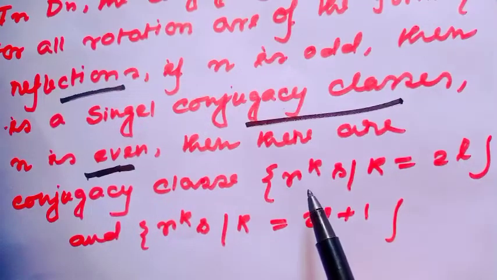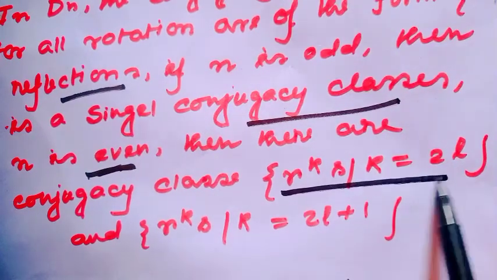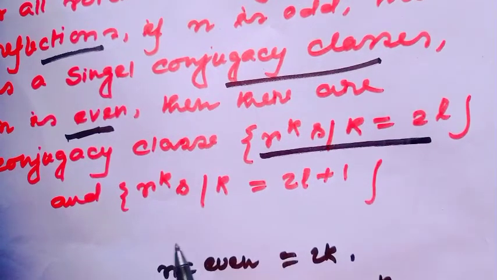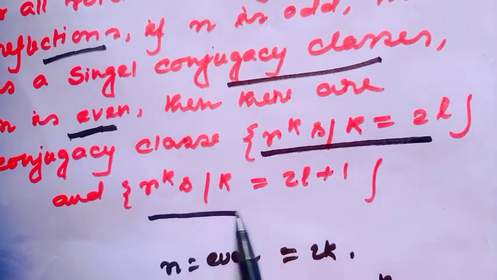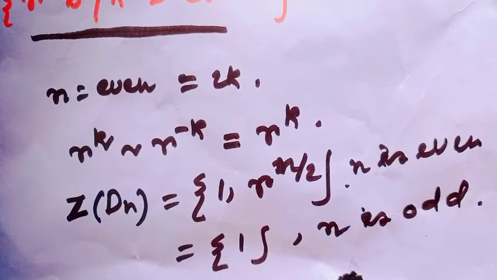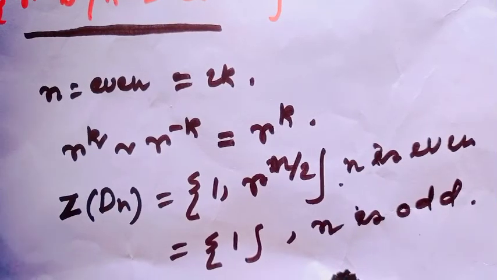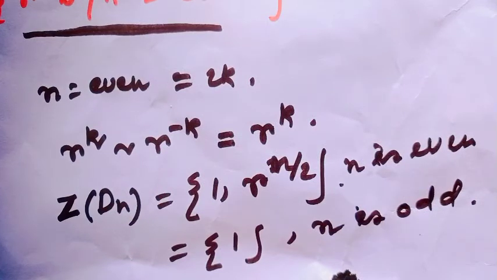One is contained in the even-numbered class and the other in the odd-numbered class. That means when n is even, Z(Dn) only contains the identity and half of the rotation. And when n is odd, it only contains the identity element.